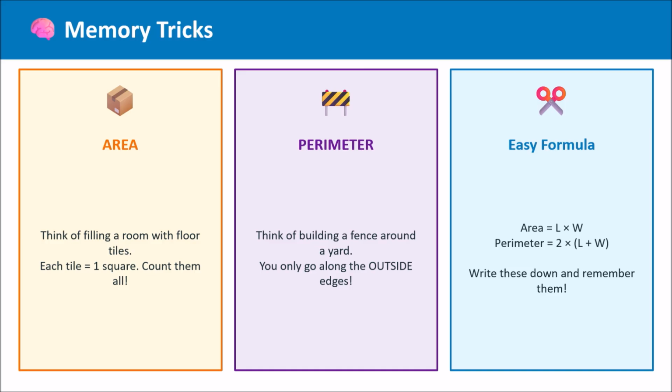You only put the fence along the outside edges. That's the perimeter, all the way around. And you can also use 2 formulas. Area equals length times width, or perimeter equals 2 times length plus width. Write those on a sticky note and put it somewhere you will see all day.